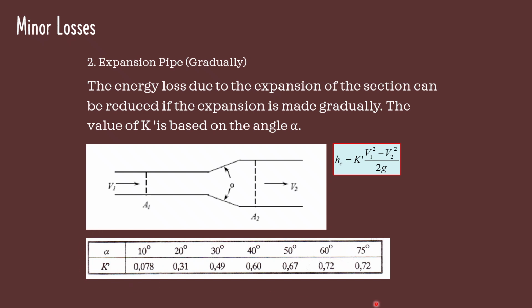If we see the table, from alpha 10 degrees to 75 degrees, it shows that K' is smaller than when alpha is 75 degrees. So the K makes the HE, or minor losses, higher also. The higher K, the higher HE.